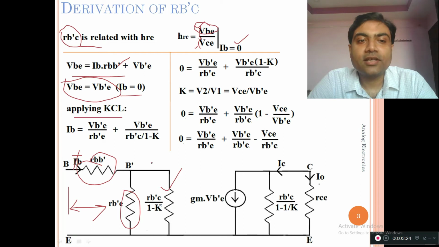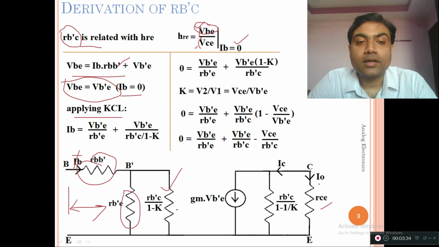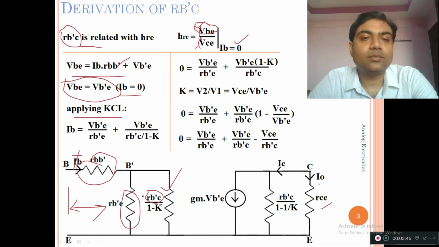So I am applying the KCL at the input side. When we go for the calculation of RCE, which is the output resistance, I will apply KCL at the output node. We will see it later. But at present we are interested in calculating RB'C, which is directly related with VB'E at the input side, so it is better to apply the KCL at the input side.